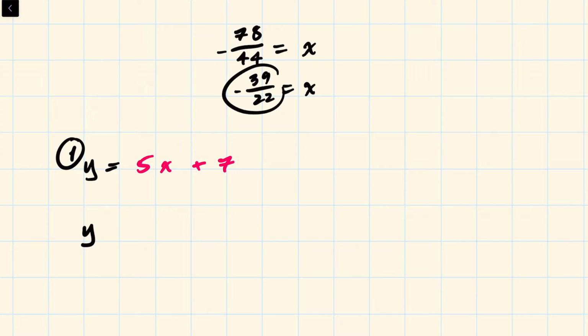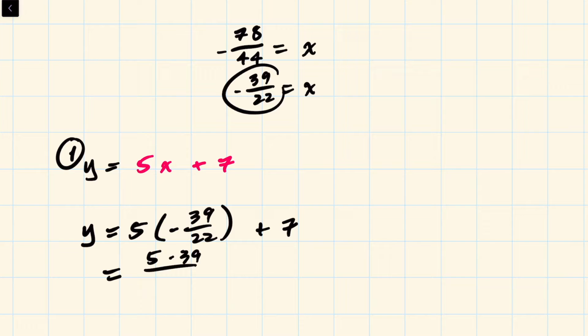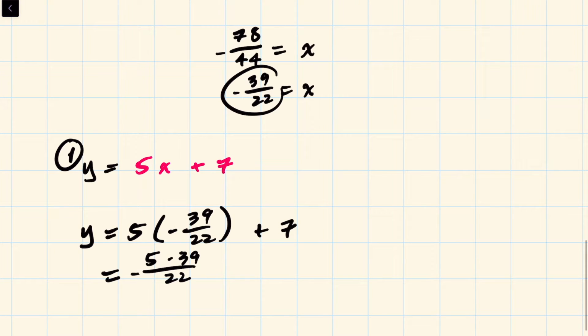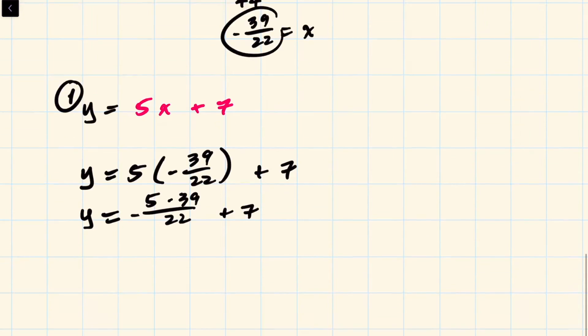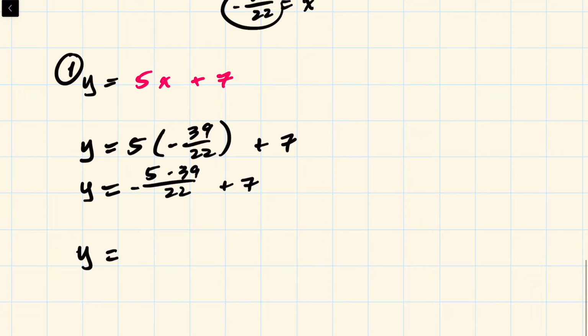So y equals 5 times negative 39 over 22, because that's x. We just sub that in for x, plus 7, right? So 5 times 39 over 22, and that's negative, plus 7. So y equals negative 5 times 39, 195 over 22, plus 7 times 22 over 22.